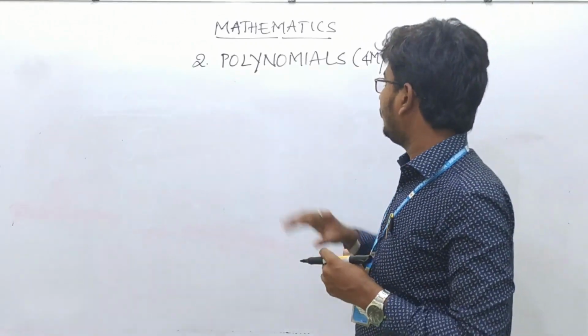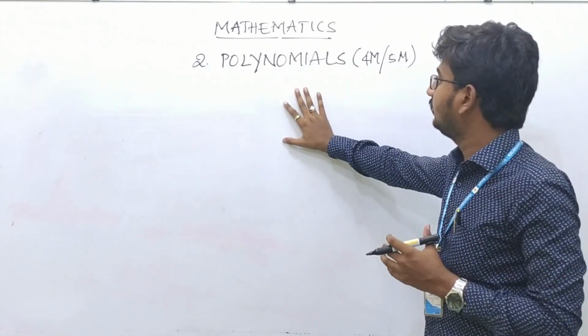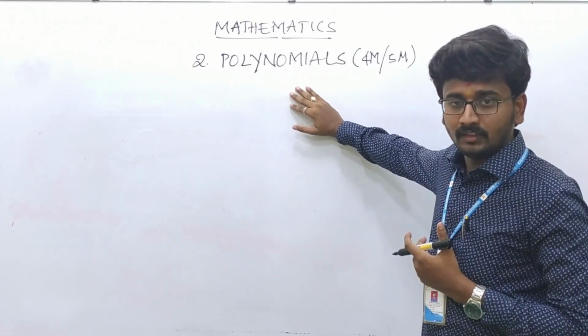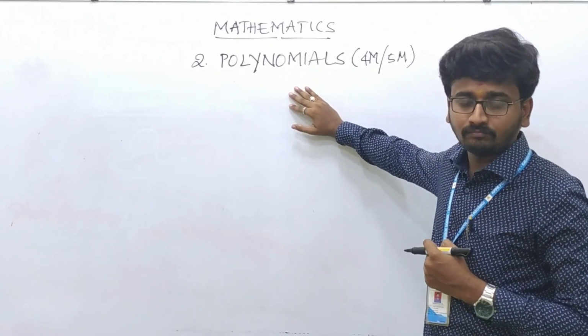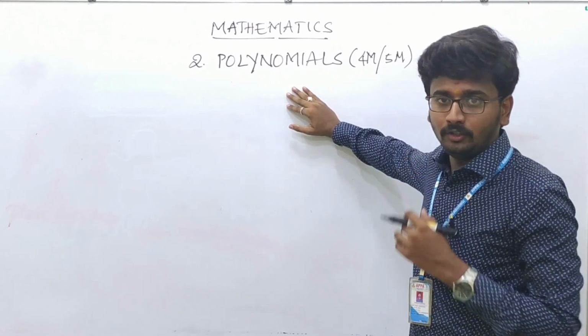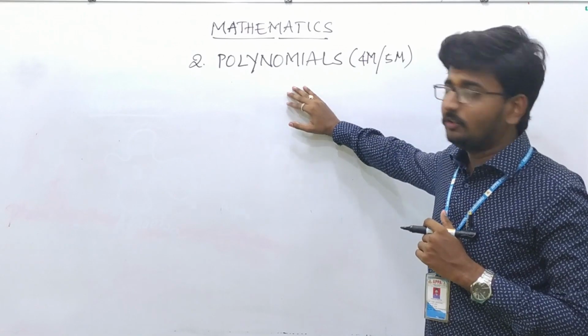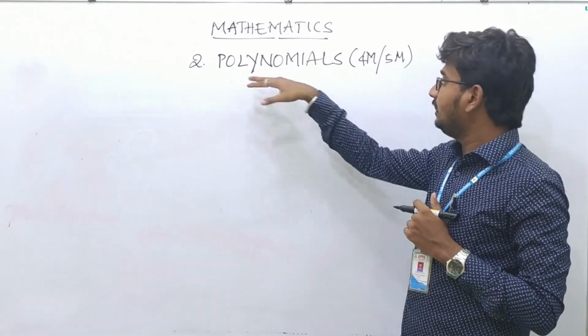When you come to 9th standard, it is again the same topic, polynomials. You discussed the standard form, degree of a polynomial, types of polynomials, algebraic identities, etc. In simple terms, what do we mean by polynomials?